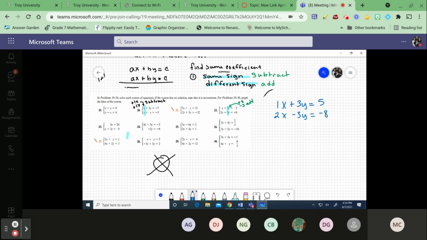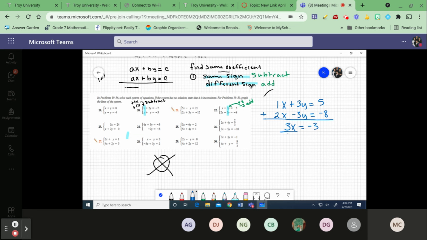One's positive, one negative, so I'm going to add them together. And that's going to give me 3x. 5 plus negative 8 gives me a negative 3. And x is equal to negative 1.